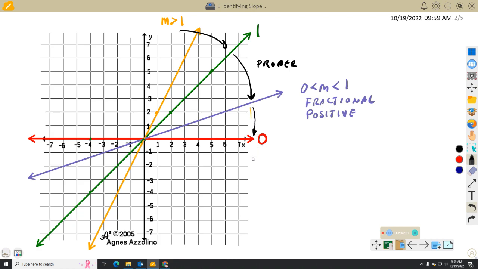What happens if we go less than 0? That's right. Anything below this line would be, this is where we get the negatives from. So the negatives have a slope that we've already seen in class. The y's decrease as x's increase. So this is our negative area.